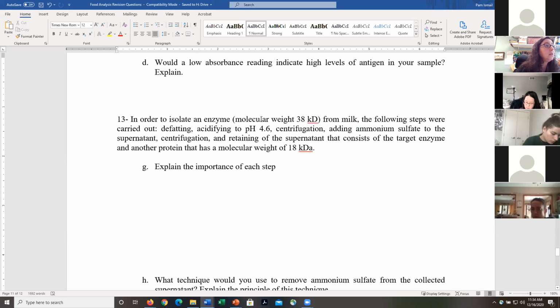So you explain the first step is to precipitate at the isoelectric point. And then we take the supernatant in this case. So the enzyme is in the supernatant, and I precipitate the enzyme with salt. I centrifuge, I take the precipitate. Now I have my enzyme, but I still have another protein in there of molecular weight 18 kilodalton. But my enzyme is 38.